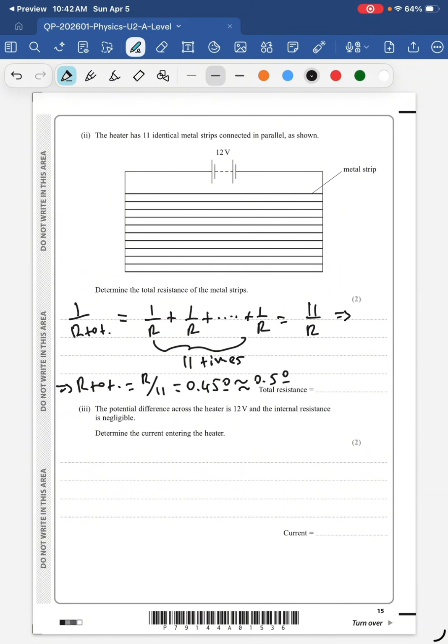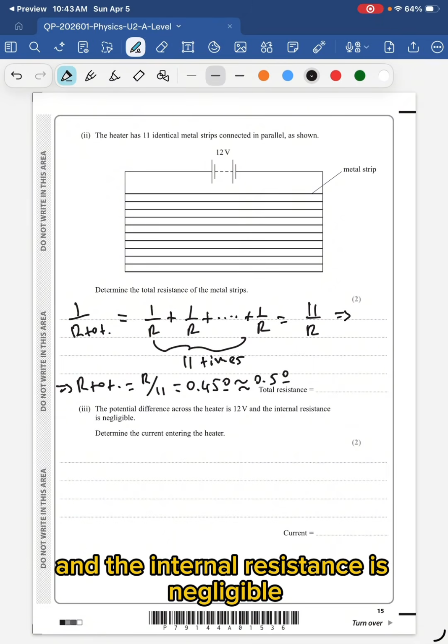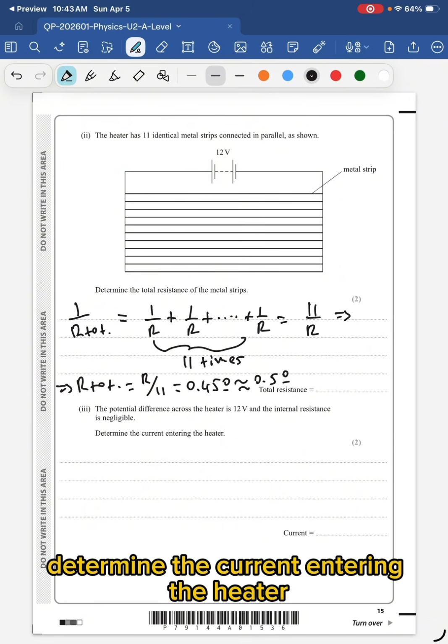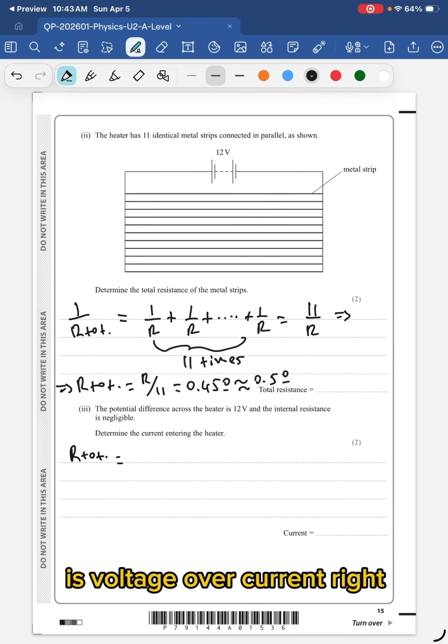Okay, question 3. The potential difference across the heater is 12 volts and the internal resistance is negligible. Determine the current entering the heater. Okay, so our total resistance is voltage over current, right?